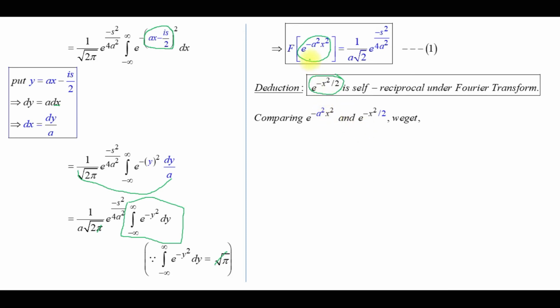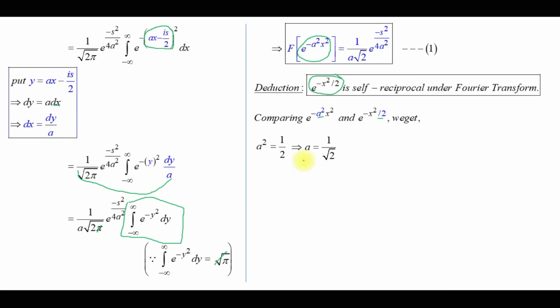So comparing e power minus a square x square and e power minus x square by 2, we have a square equal to 1 divided by 2. So a square equal to 1 by 2 means a equal to 1 by square root 2. Actually a equal to plus or minus 1 by square root 2, but in the given problem a is given as positive. Therefore we take a equal to plus 1 divided by square root 2.